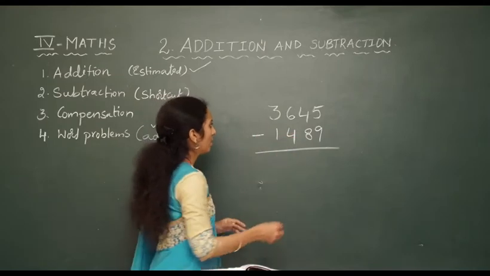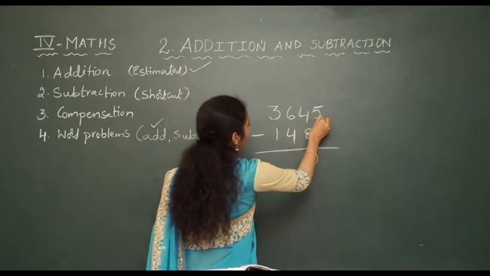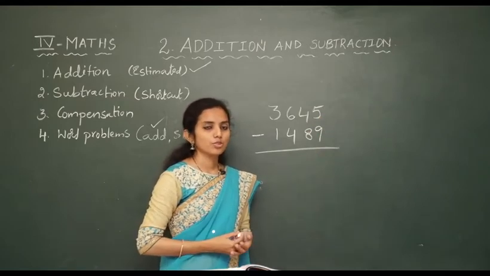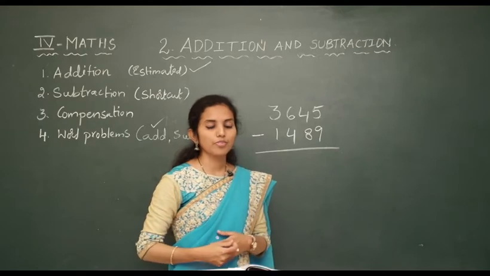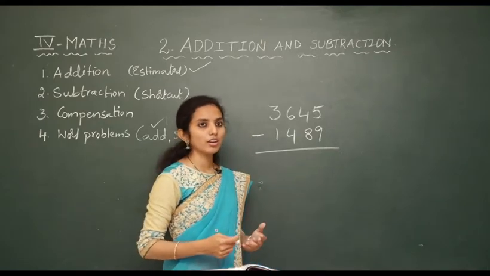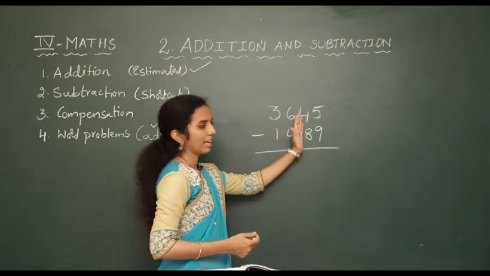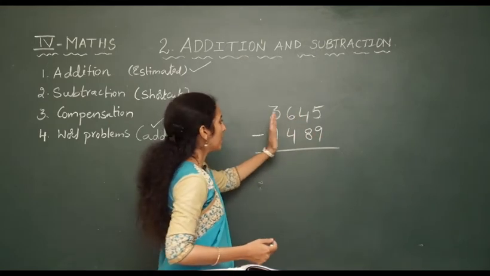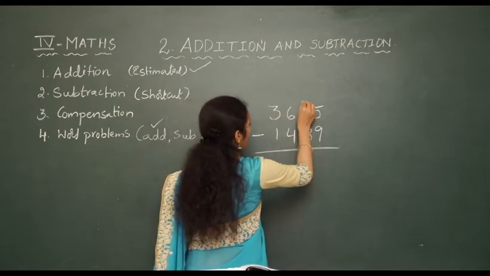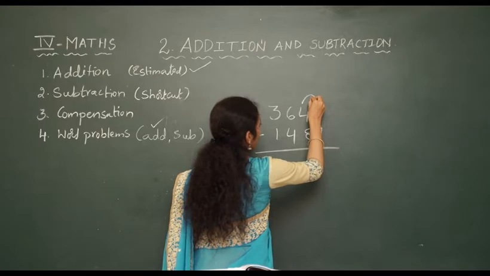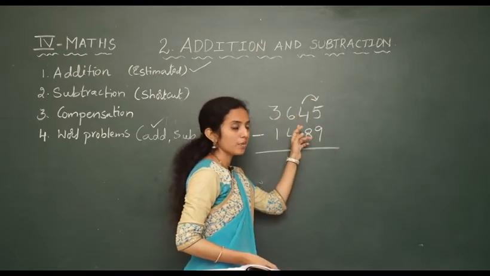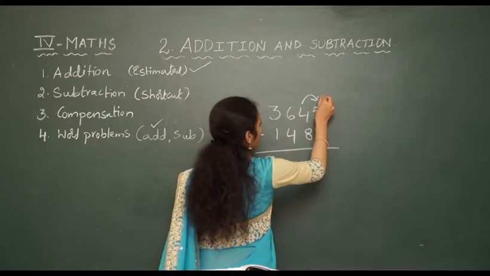So let us do the subtraction. Now 5 minus 9, is it possible to take out 9 from the 5? No, it is not possible. So what do we do? You have already learned the borrowing system. We regroup the numbers from the next number, that is, we take 1 from the tens place to the 1's place, and we take 10 from the tens place and we make it as 15.